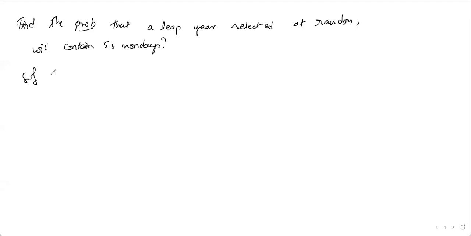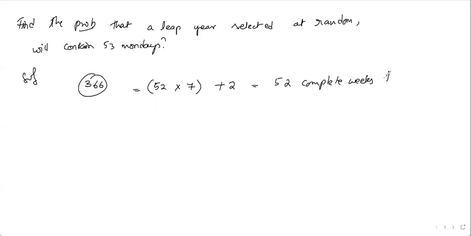In a leap year, the total number of days is 366, and 364 days is equal to 52 into 7, which is 52 complete weeks, plus 2 days.